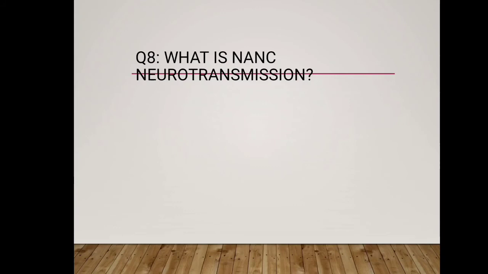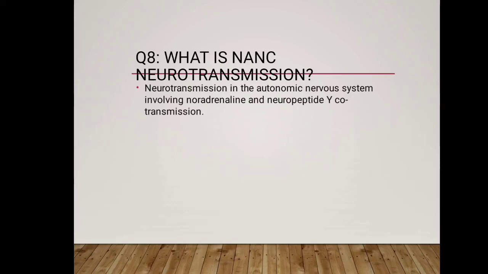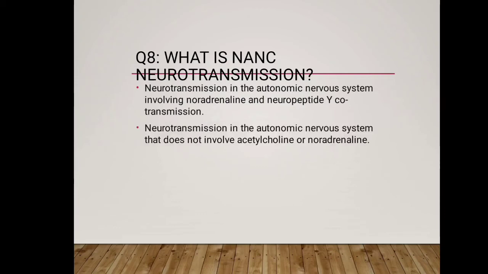Question number 8. What is NANC neurotransmission? The options are: neurotransmission in the autonomic nervous system involving noradrenaline and neuropeptide Y co-transmission. Option number 2: neurotransmission in the autonomic nervous system that does not involve acetylcholine and noradrenaline.